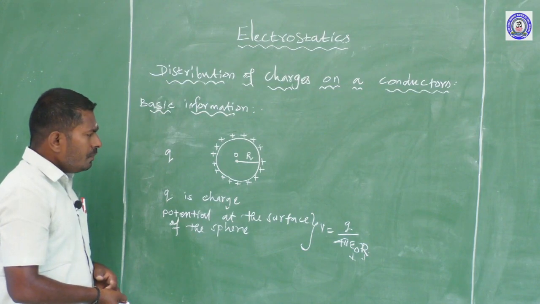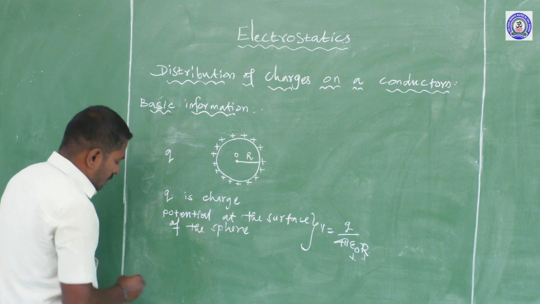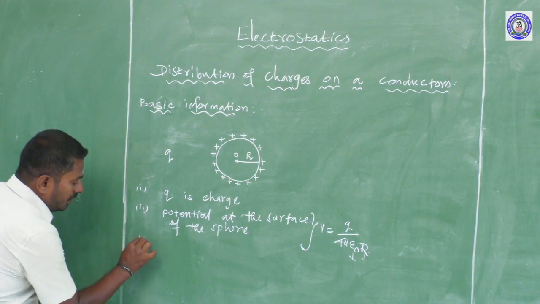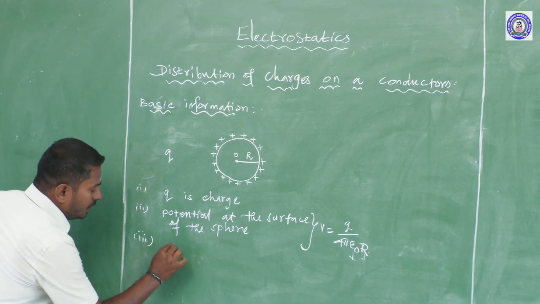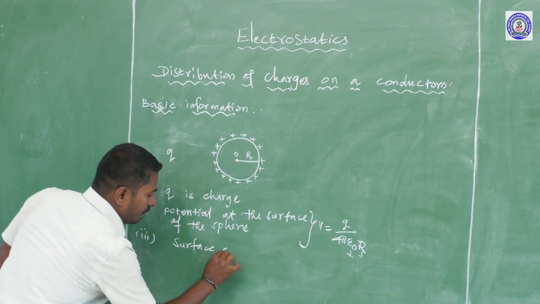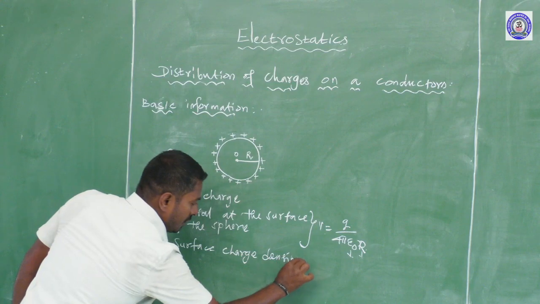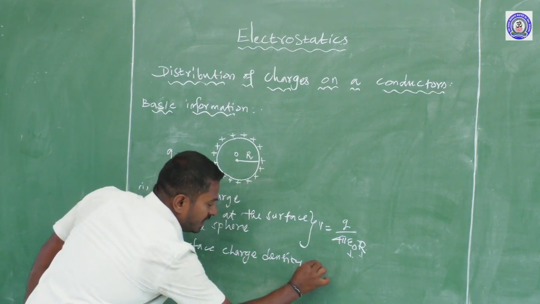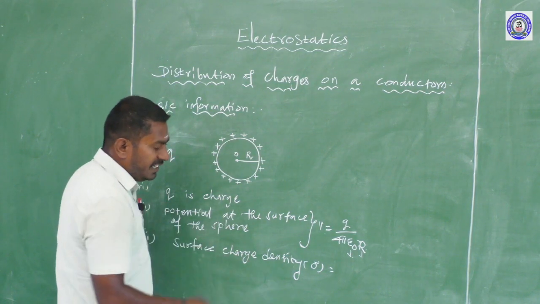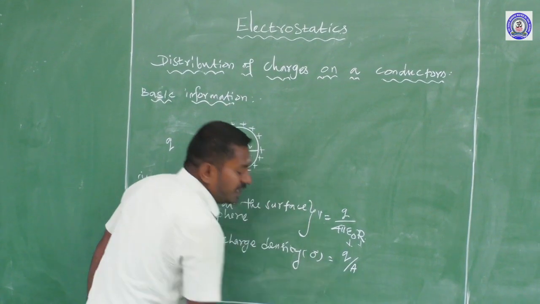Then now, the third one, surface charge density, sigma. Surface charge density of a metallic sphere is defined as charge per unit surface area.